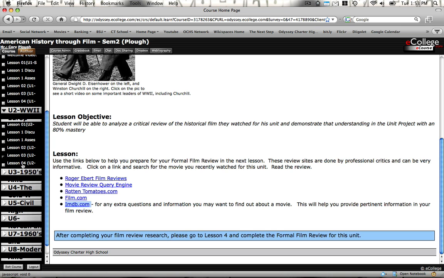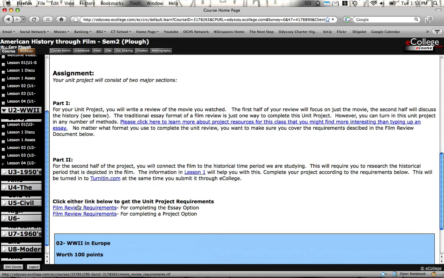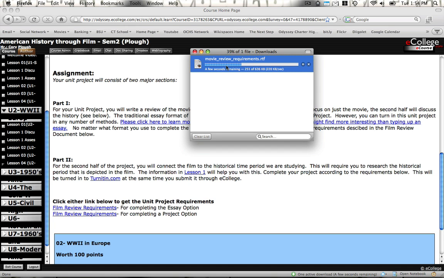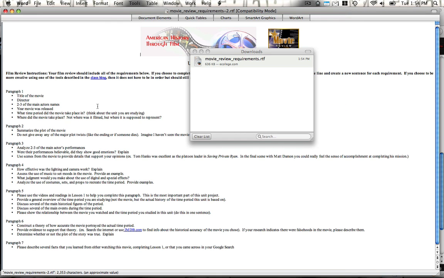You're going to use those notes so that when you get to Lesson 4, you will better be able to complete your review, your final unit project, up to the requirements that are requested or recommended. What many of you fail to do is follow the exact requirements, and we need to fix that. So there is more of an emphasis on research in this semester.